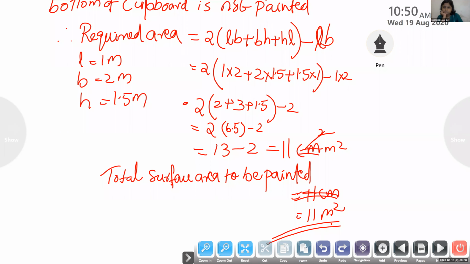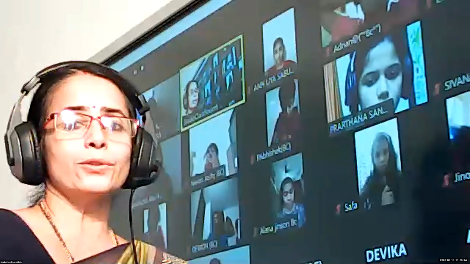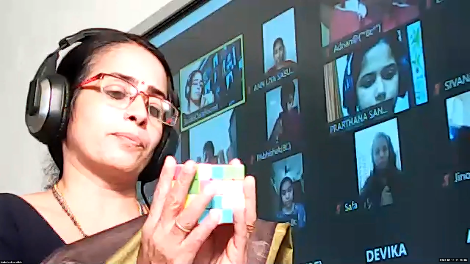Ma'am, can you explain the lateral surface area and total surface area of the cube? Yes, ma'am. Okay. Who asked this question? Shankari. Shankari, can you see this cube? Yes, ma'am.